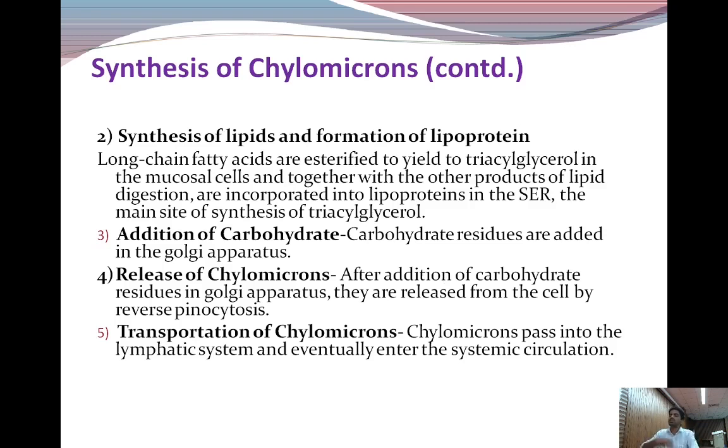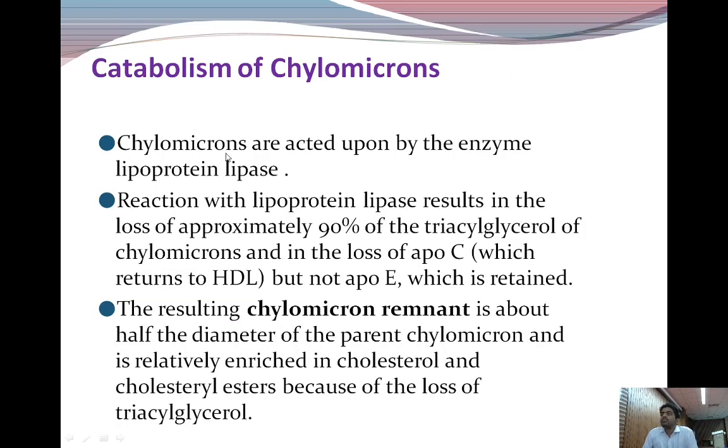Normally endocytosis happens; here exocytosis is happening. Then this chylomicron will pass into the lymphatic system and eventually enter the systemic circulation. Remember this: once it is in systemic circulation, chylomicron will be acted upon by lipoprotein lipase. So what will lipoprotein lipase do?